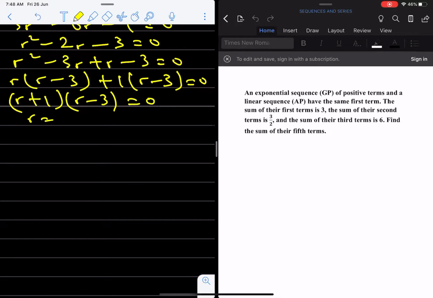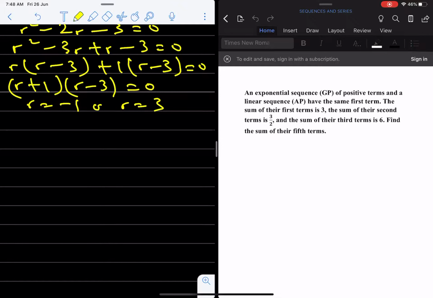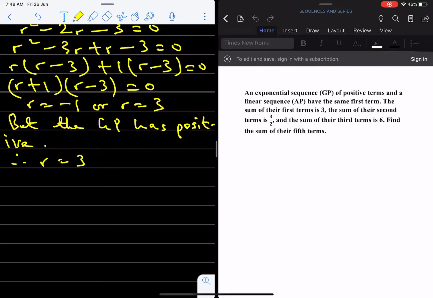And this simply means R equals minus 1 or R equals plus 3. But the GP has positive terms. That means R is 3.